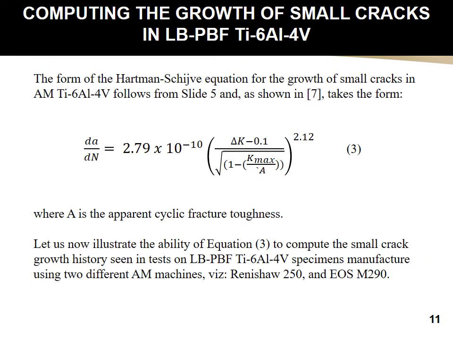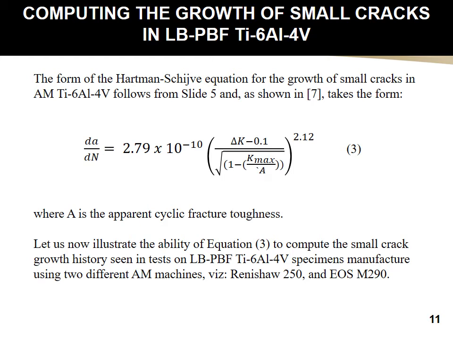The governing form of the Hartman-Schwalbe equation that we'll use in this analysis is given in the slide by equation 3. This equation follows directly from slide 5, where we have set the threshold to a small value, in this case 0.1.